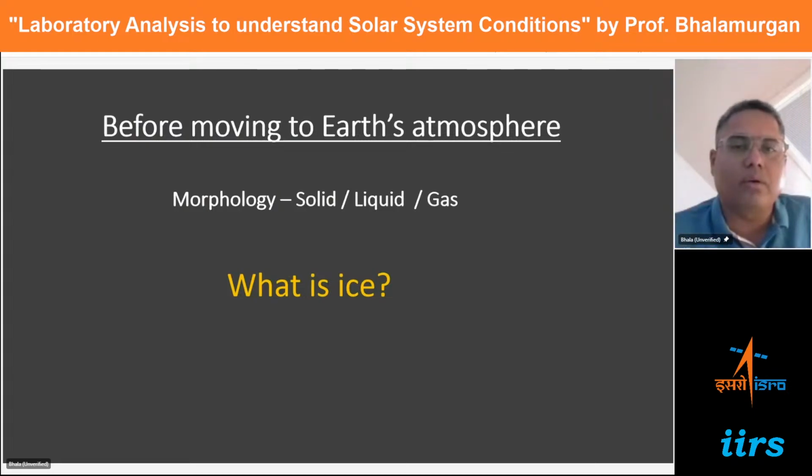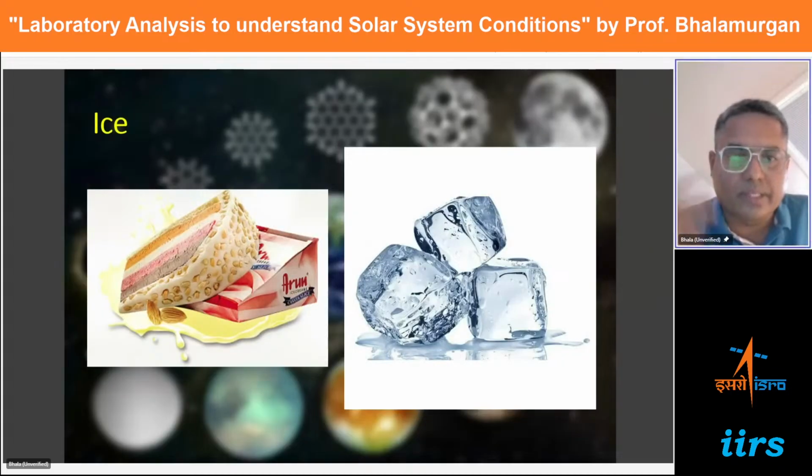But why are we particular about the word ice here? The reason is, if you say ice, the immediate thought that comes to us is water ice, which you can see on the right side, or it could be an ice cream, depending on the person who is looking at it.